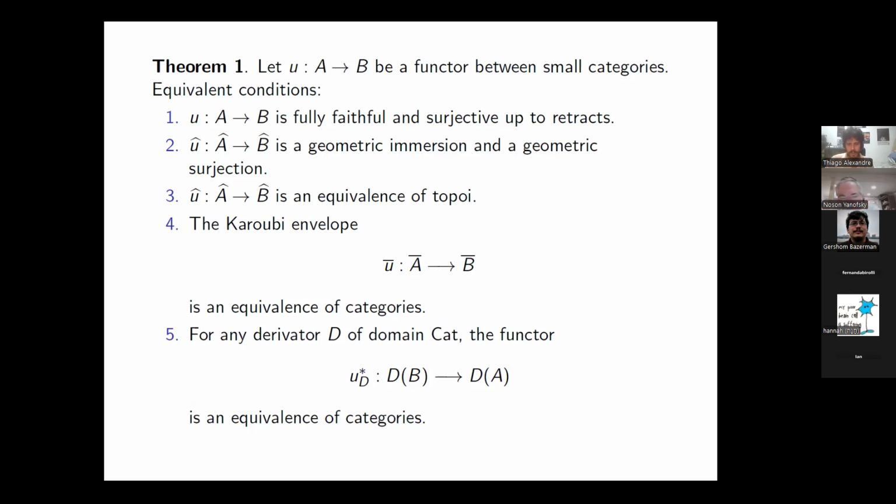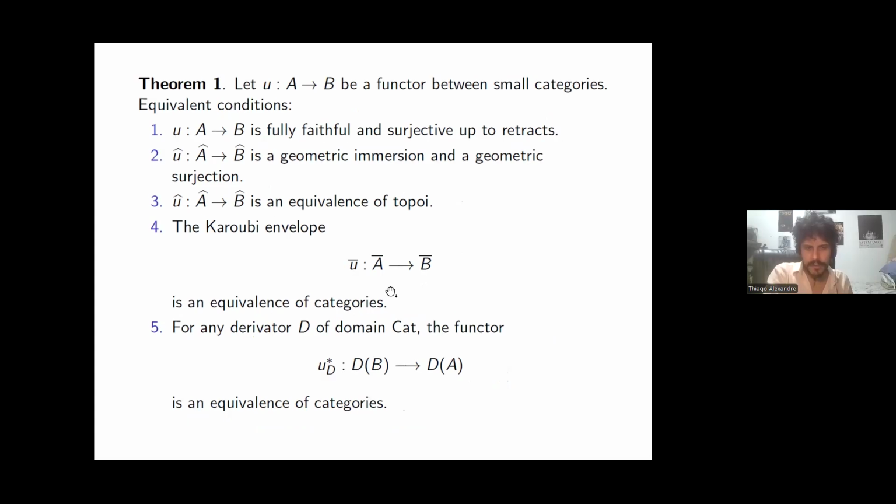But another way is that it is the idempotent completion of A, in the sense that every idempotent morphism splits. So there is also this other characterization.